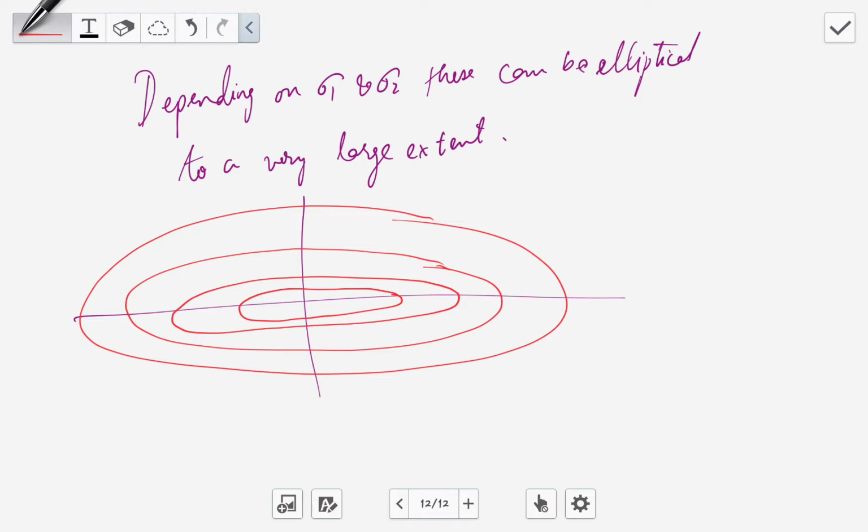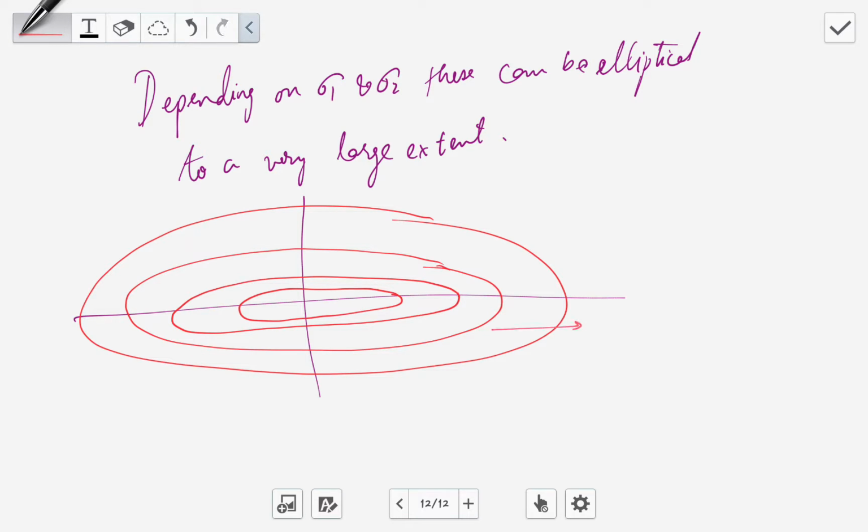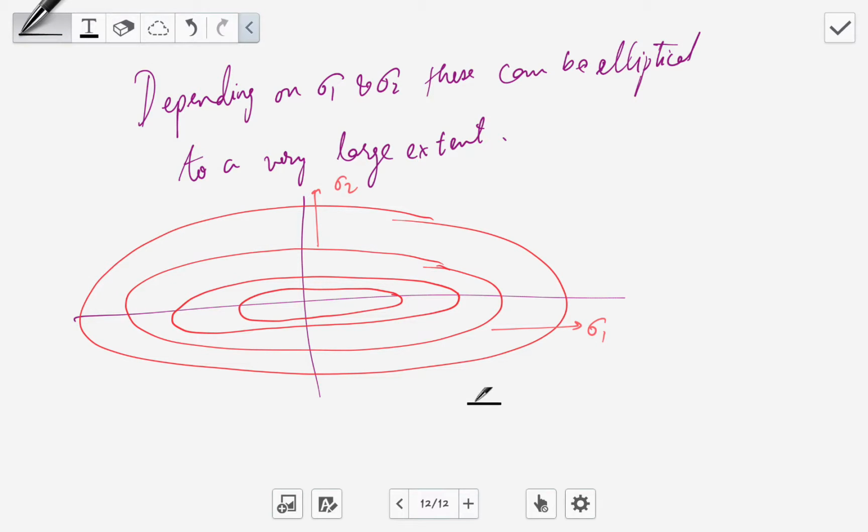Now say this here corresponds to sigma 1, and here it corresponds to sigma 2. What can you tell me about sigma 1 and sigma 2? Sigma 1 is larger than sigma 2.